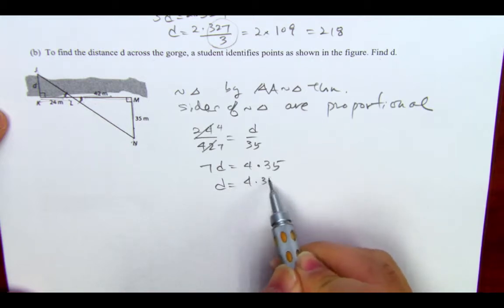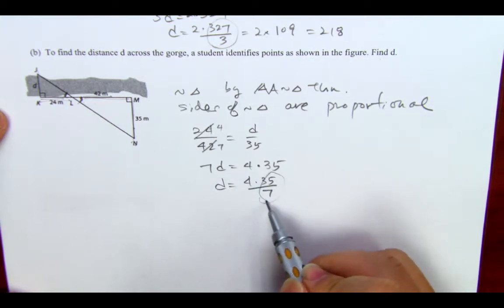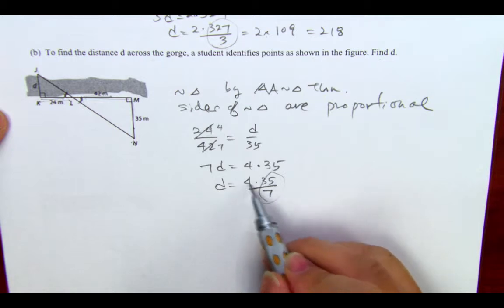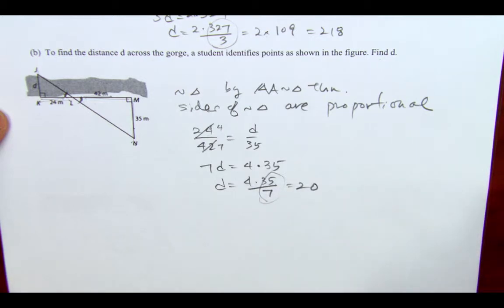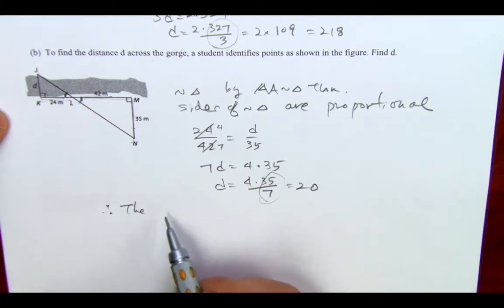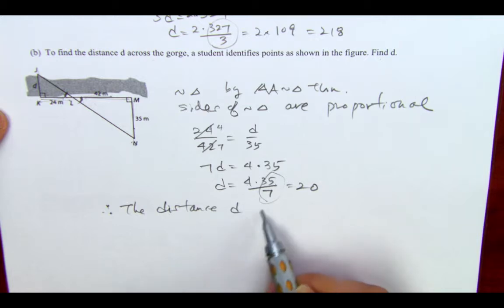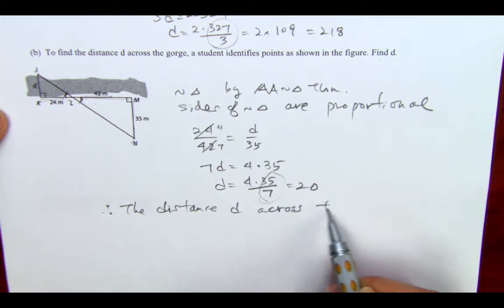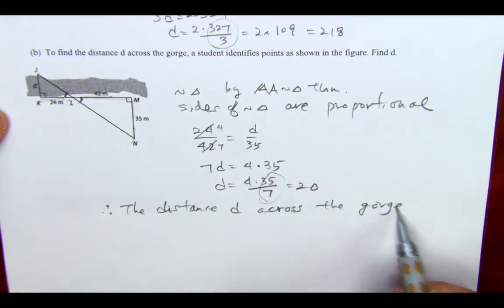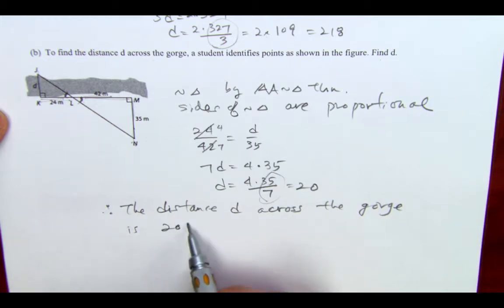And then we divide by 7, that's equal to 5. So 5 times 4 is 20, right? So therefore, the distance D across the gorge is 20 meters.